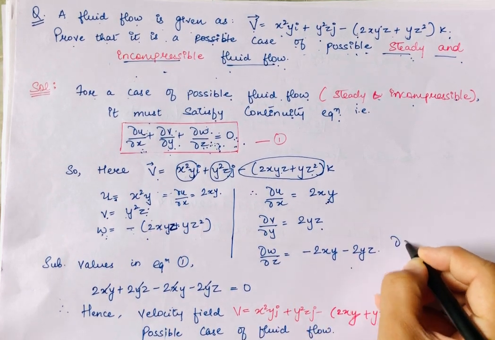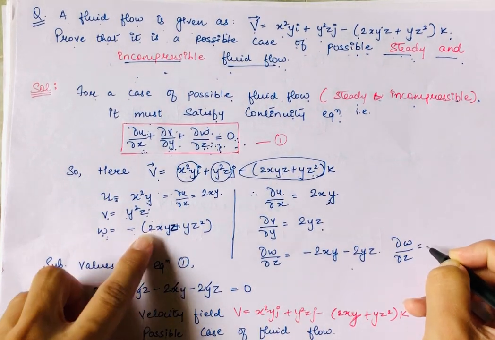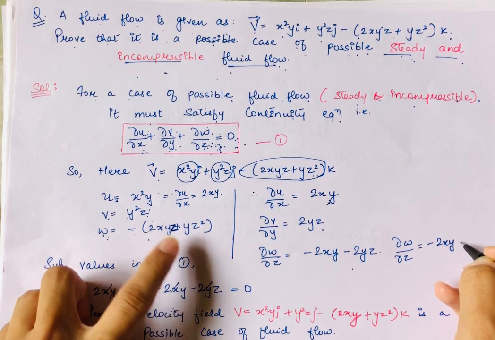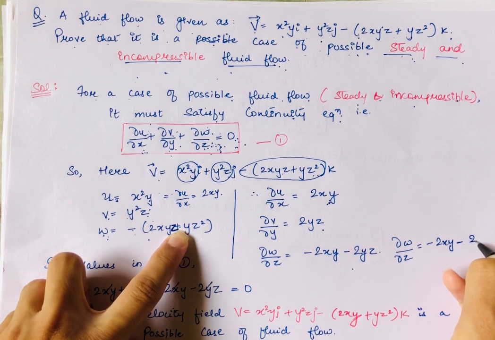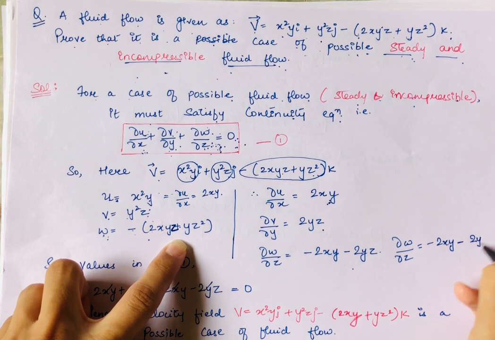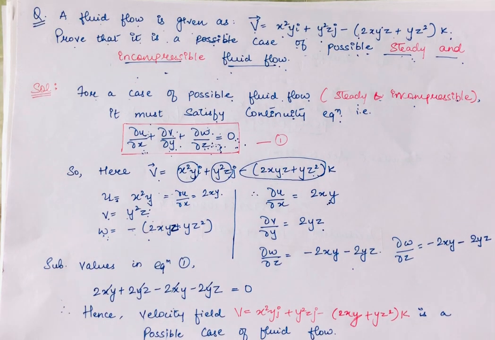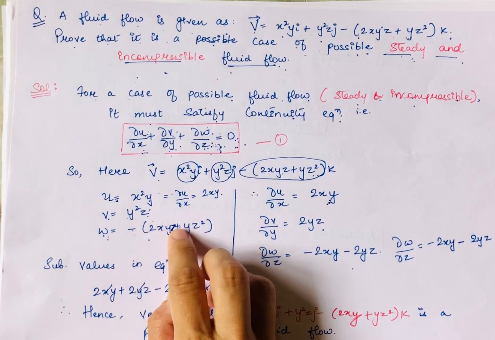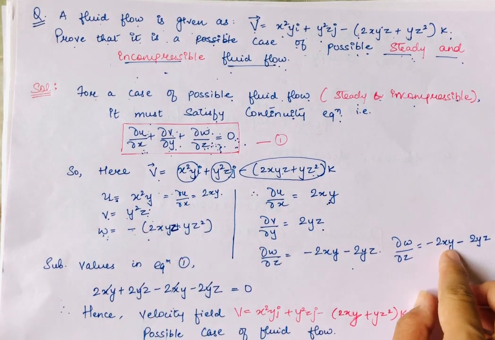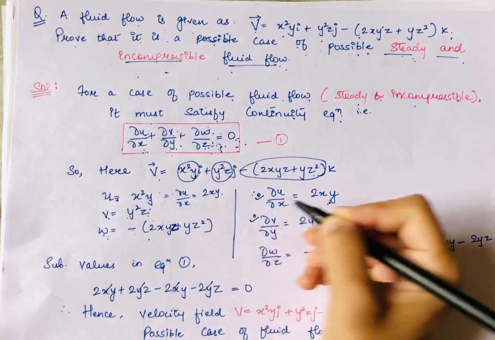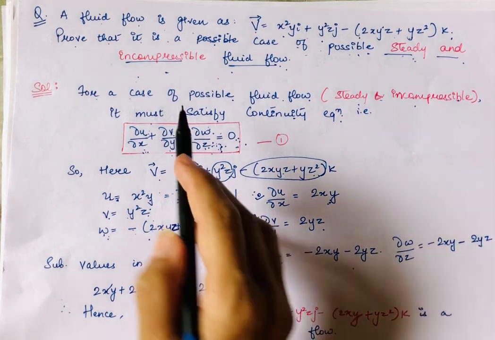Because here it is z squared, it will become 2yz, so del w by del z is minus 2xy minus 2yz. Here we got the values of del u by del x, del v by del y, and del w by del z.